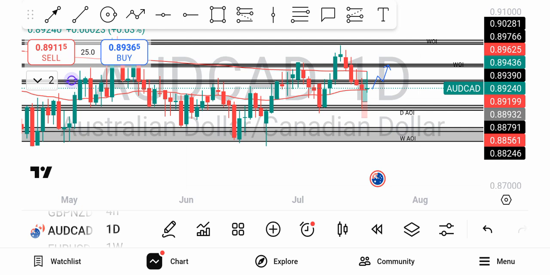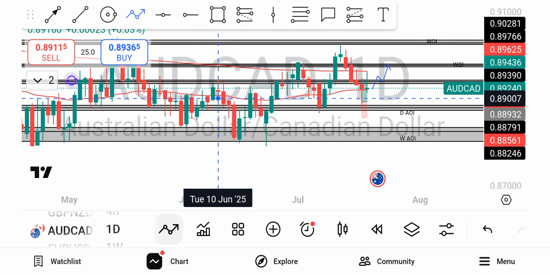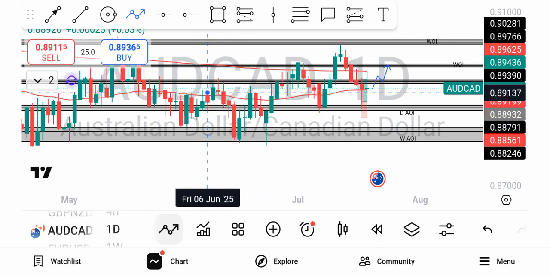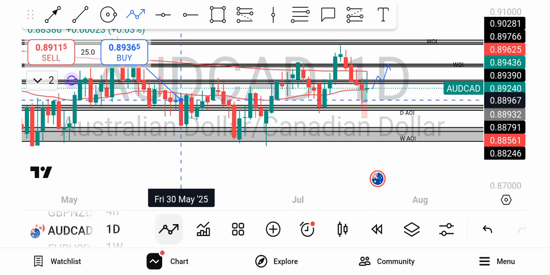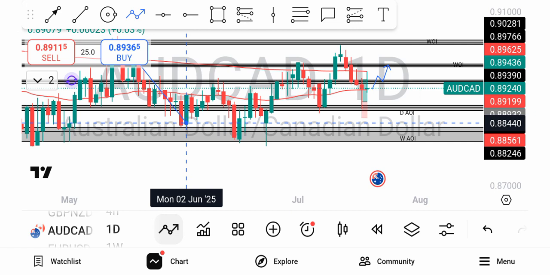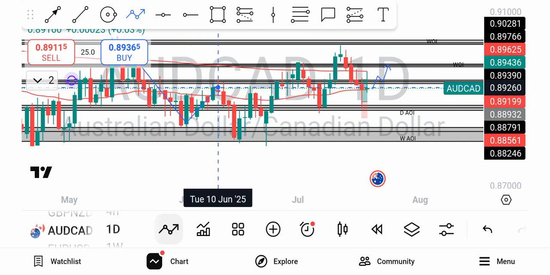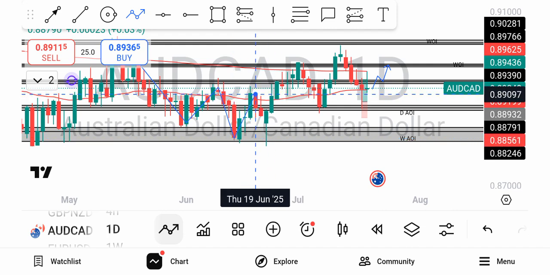What is the daily showing us? We do the same. We track the action of price. You see, it was creating lower highs. It was on a downfall. It was going down, but then as soon as it came here at this weekly area of interest, it shifted, came up, created that.